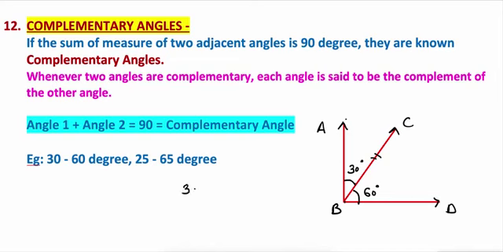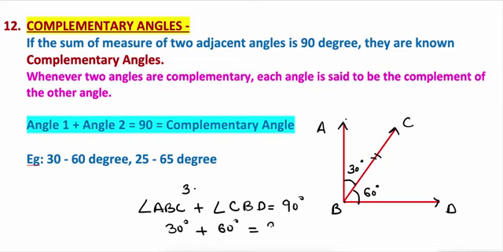So here angle ABC plus angle CBD is equal to 90 degrees. Angle ABC is 30 degrees and angle CBD is 60 degrees, and the sum of these two angles is 90 degrees. Hence we can say that these two angles are complementary angles.